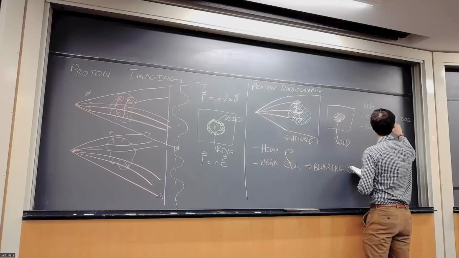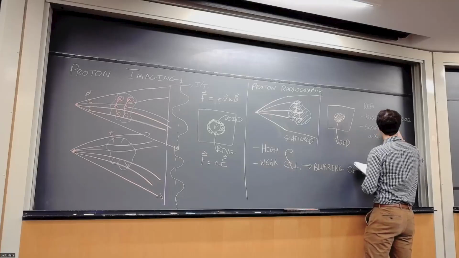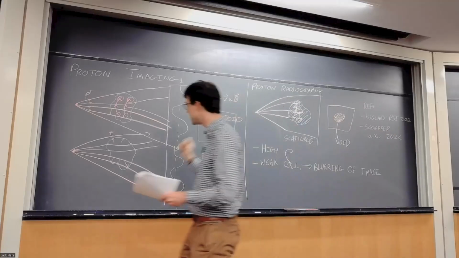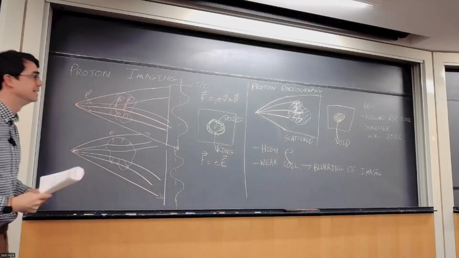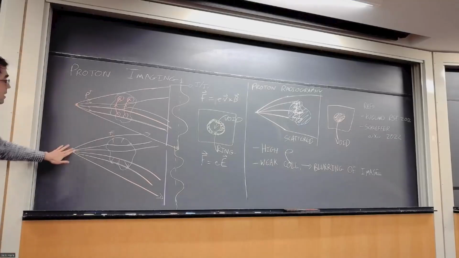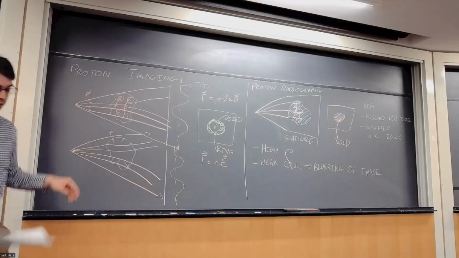It hasn't been published yet, it's on the arXiv. And that was published last year. This review article is really good at the nitty-gritty of how proton radiography is actually done. And we'll talk a little bit about how these sources of protons are made later on. For now, for the first bit, we're just going to assume there is some source of protons.